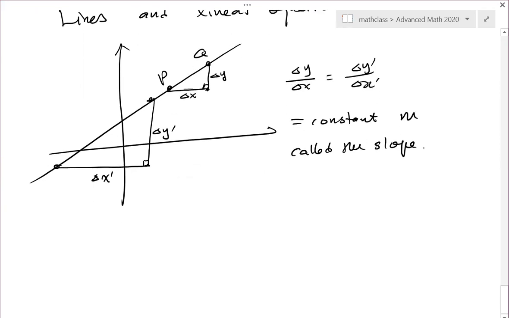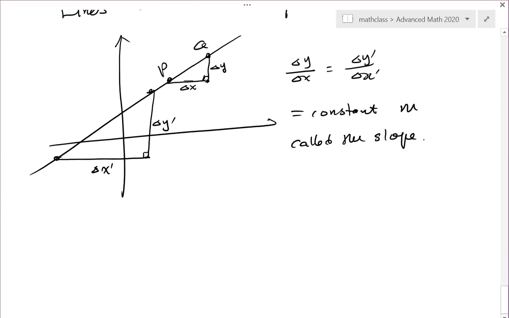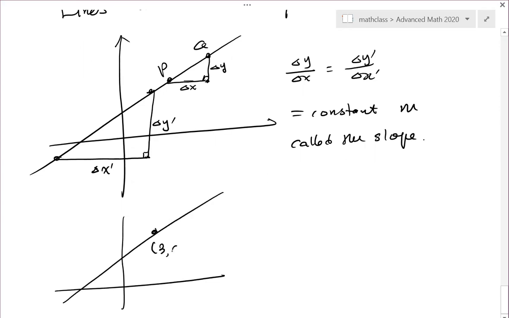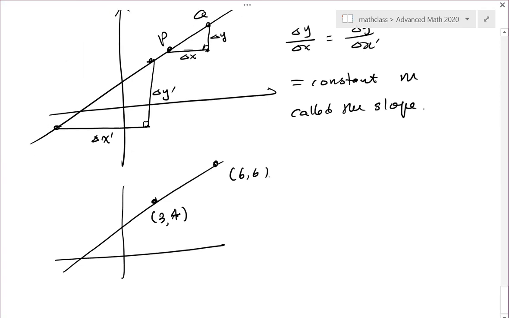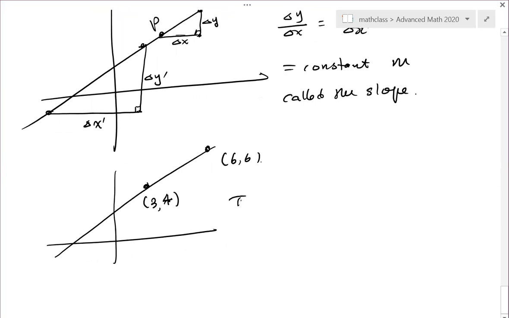Now, how do you find the slope? Just use 2 points on the line, you can find the slope. So let's take a look at this. We have 3 and 4 here, and it's going to be 6 and 6. So these are 2 points on the line, and we find the slope. You draw the triangle, right?